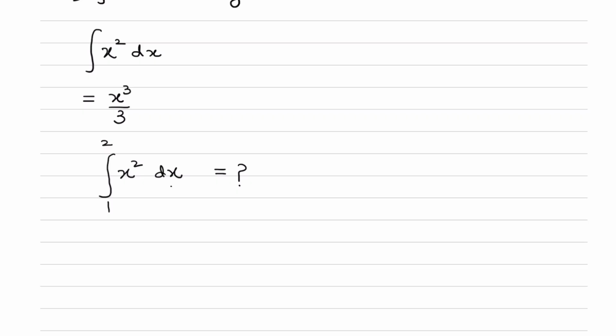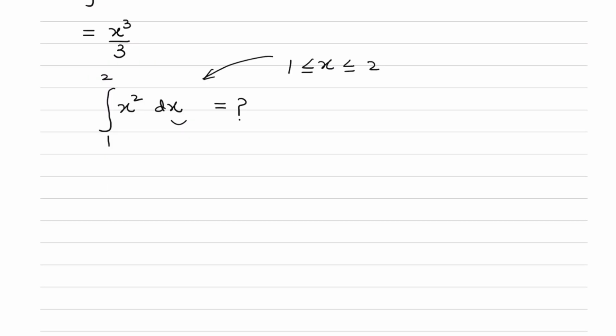So this independent variable x, its lower limit is 1, its upper limit is 2. So 1 and 2 are called the integration limits. Precisely 1 is called the lower limit of integration and 2 is called the upper limit of integration. It simply means that x is in between 1 and 2.